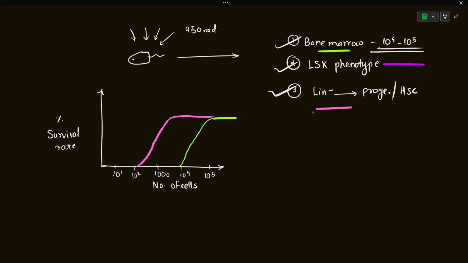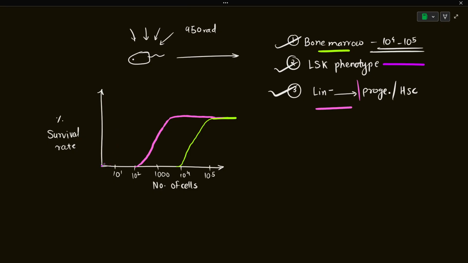If the Lin negative cells are introduced, those include progenitor cells and hematopoietic stem cells. So the number of cells that need to be introduced in the mice to ensure 100% survival decreases. But when the LSK phenotype, meaning direct introduction of hematopoietic stem cells, was observed, the researchers saw that even if they introduce less than 10 hematopoietic stem cells, the mouse survived.